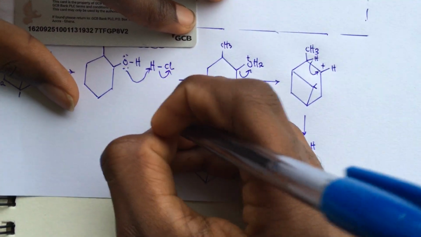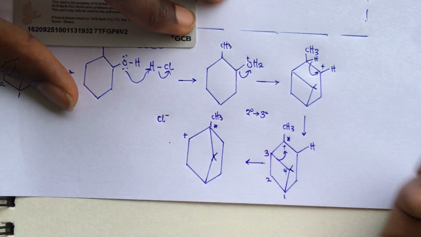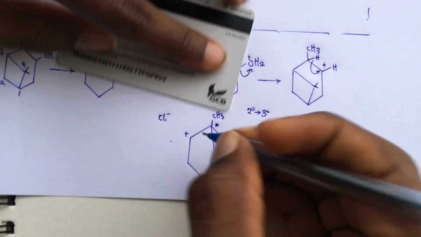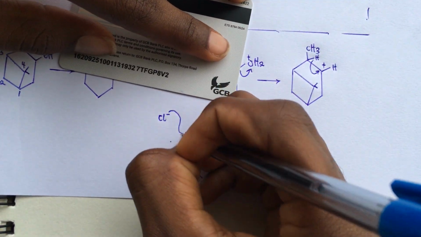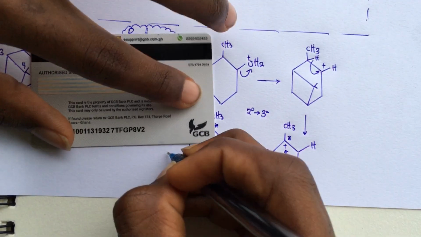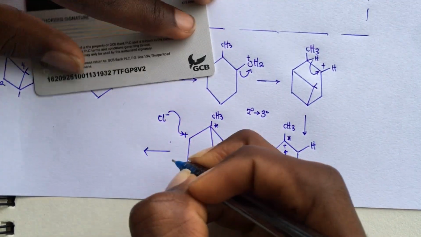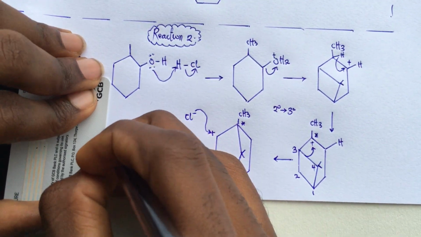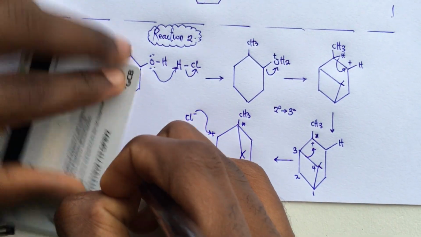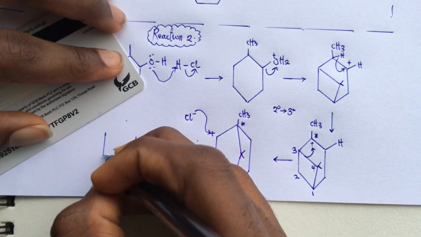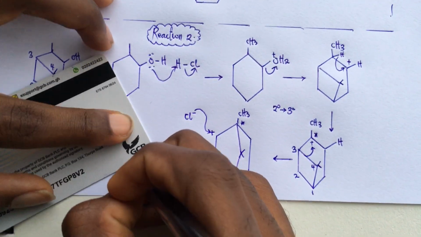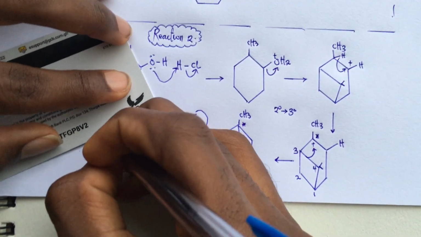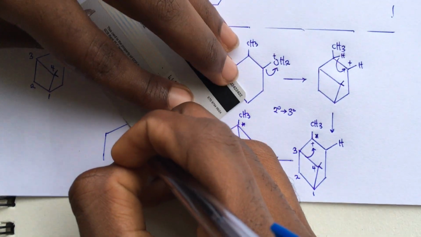Okay, so with our positive charge, remember we use HCl, right? So our Cl minus will come inside because we are using aqueous, we are not using a dehydrating agent. So now our Cl minus will come in to where the carbocation is, and now we are going to have this, and this to this to this.